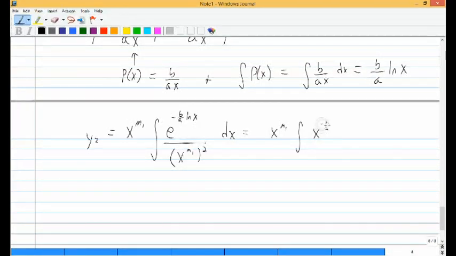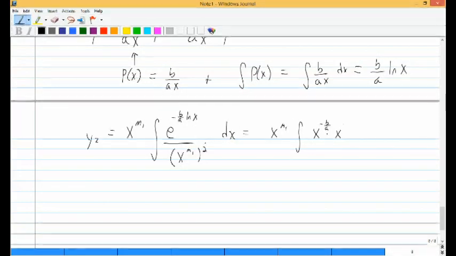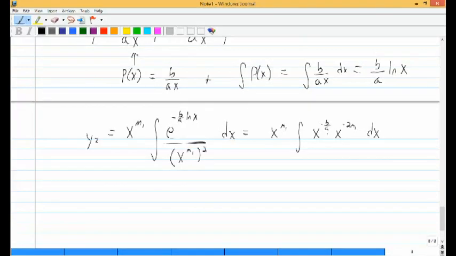So you'd have x to the negative b over a times, if you moved this up, power to a power, that would be 2m sub 1, then that would be times x to the negative 2m sub 1 dx. Alright?